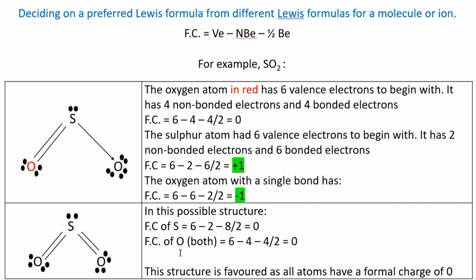Formal charge of the oxygen atoms, both in exactly the same electronic environment. 6 valence electrons to begin with, minus 4 non-bonded electrons, minus 4 over 2 coming to 0. This structure is favored, as all atoms have a formal charge of 0.